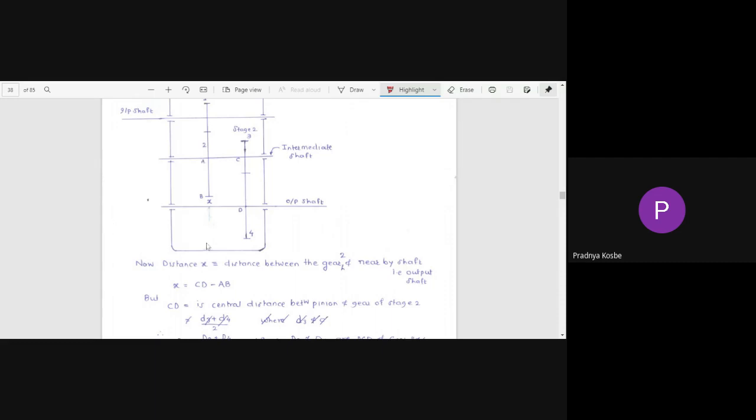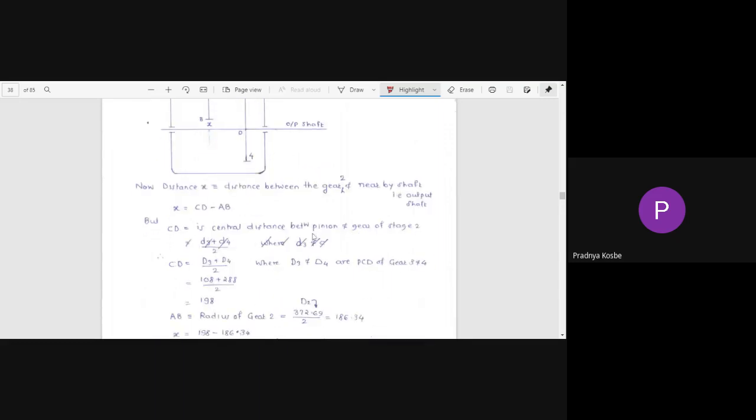So that distance is equal to CD minus AB. Where CD is the center distance between gears 3 and 4, that is the stage 2 gears, and AB. So CD is equal to D3 plus D4 divided by 2.